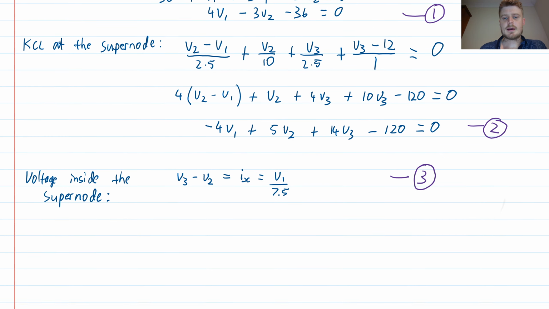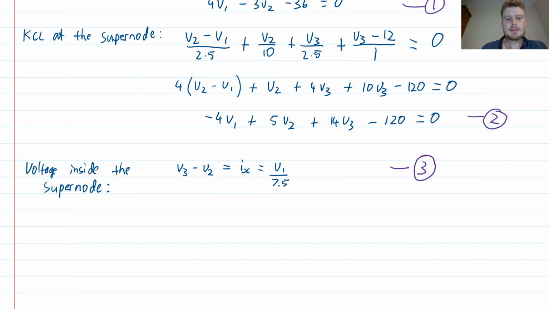So just to kind of tidy that up a little bit, I might actually get rid of the fraction there and bring everything kind of to one side of the equations. So in particular, this will give me V1 is equal to positive 7.5 V2 minus 7.5 V3. Basically bringing that left-hand side over to the same side as V1.